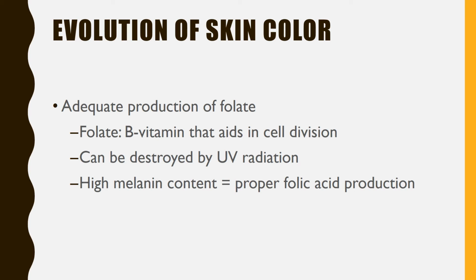UV radiation can destroy the folic acid that's circulating in our blood. And so because of this, high melanin in the skin, something that's actually blocking out UV rays, can act as a way to protect that circulating folic acid in our body. So this is another selective factor for darkly pigmented skin for individuals that are located near the equator.